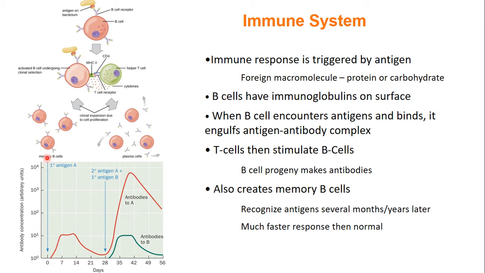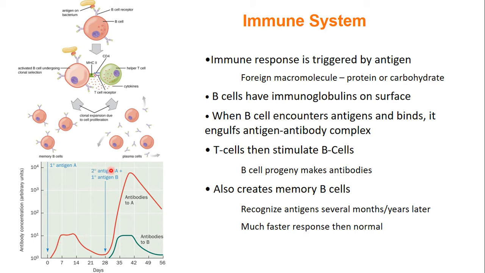So we have antibody concentration on the Y and days of infection on the X. If we add antigen A, we can see that after a week our antibody concentration is at its maximum, right? And after this time we have made memory B cells.